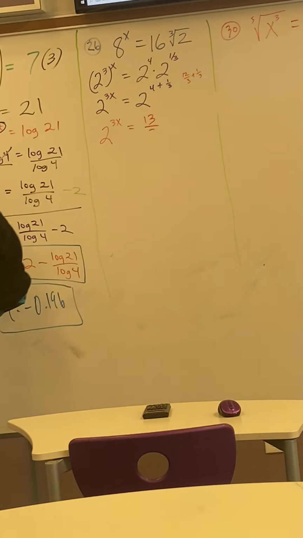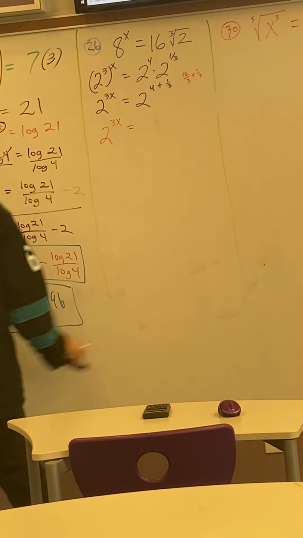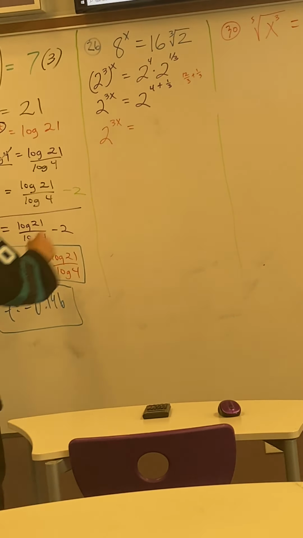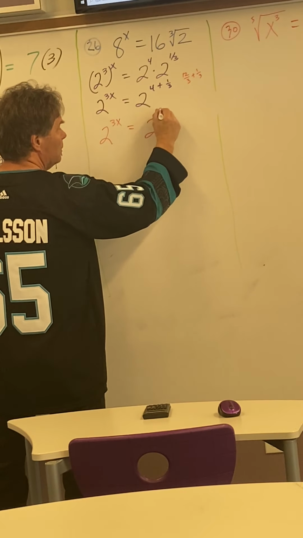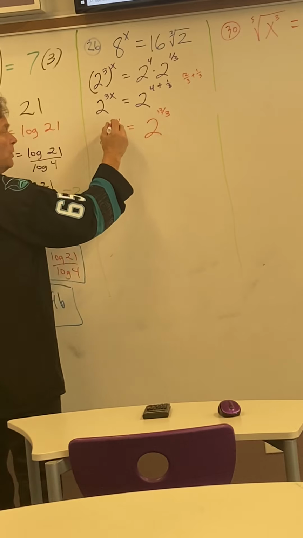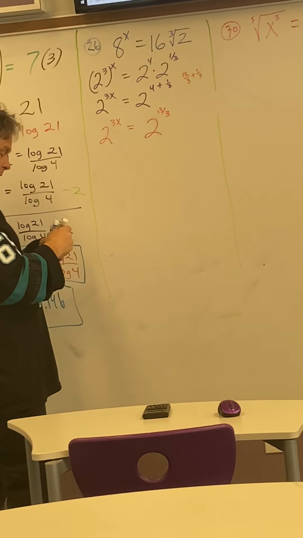Wait, I wrote that wrong. Okay. Let's see, it's 2 to the 13/3. So 2 to the 3x is the same as 2 to the 13/3.